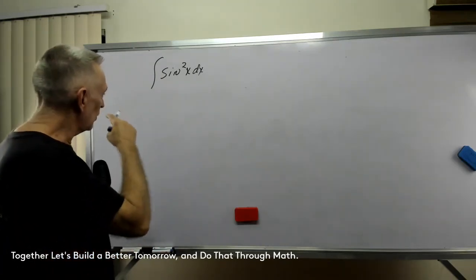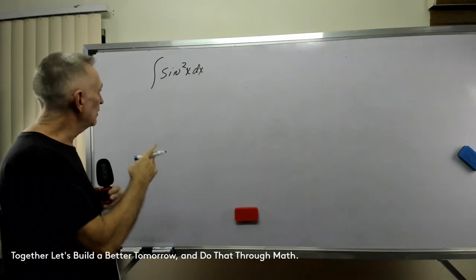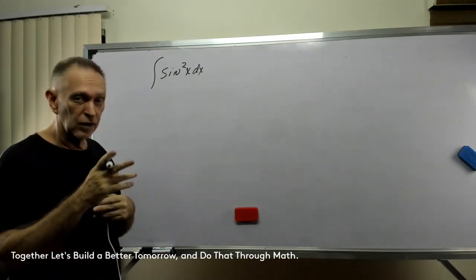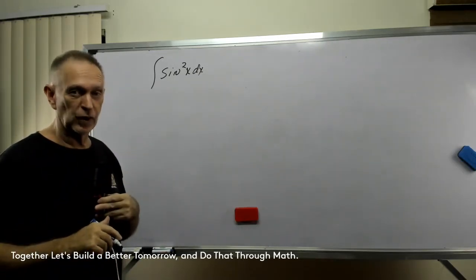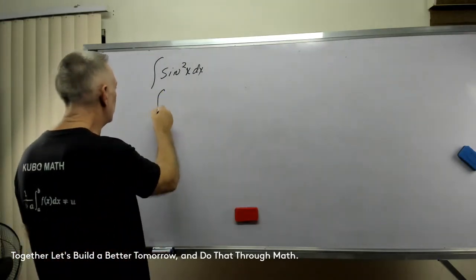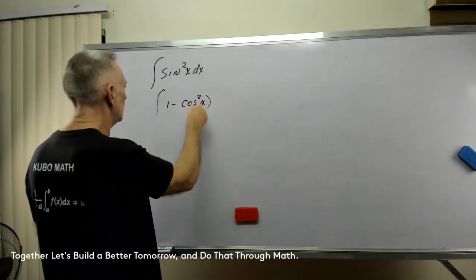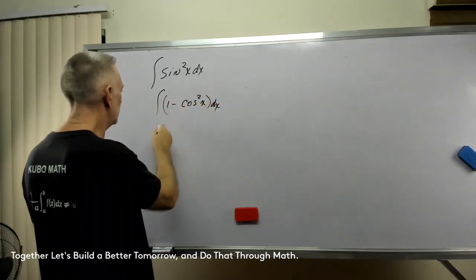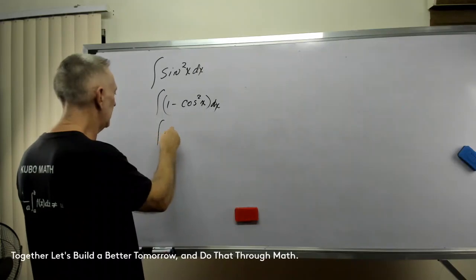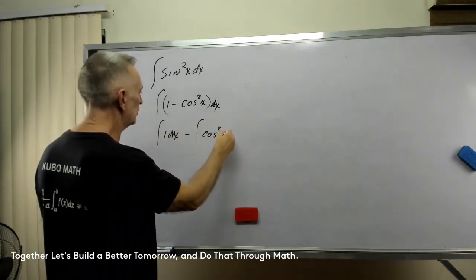All right, so let's look at this one. We know that sine squared could be 1 minus cosine squared. If we used that, we would have the integral of 1 minus cosine squared x dx. And what would that give me? The integral of 1 dx minus the integral of cosine squared x dx.